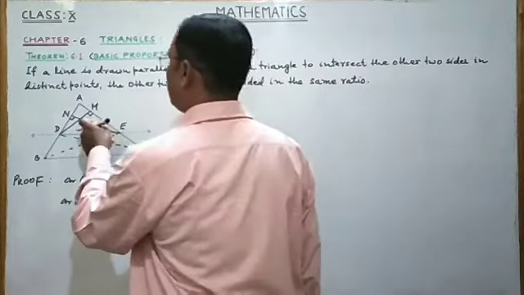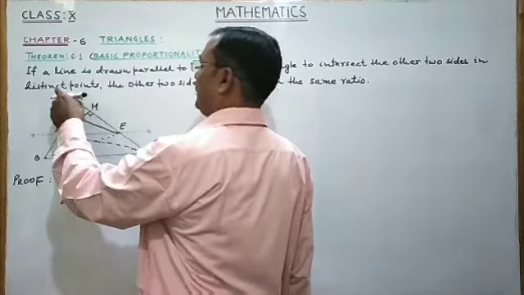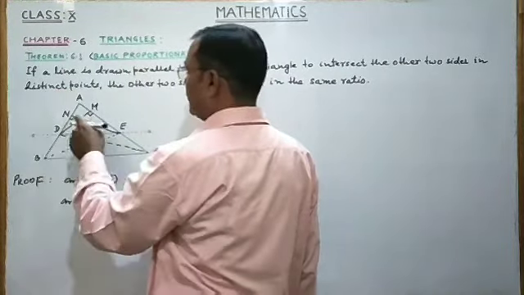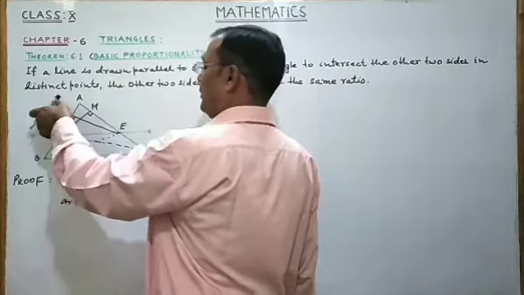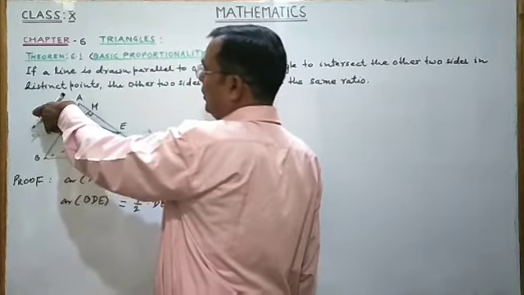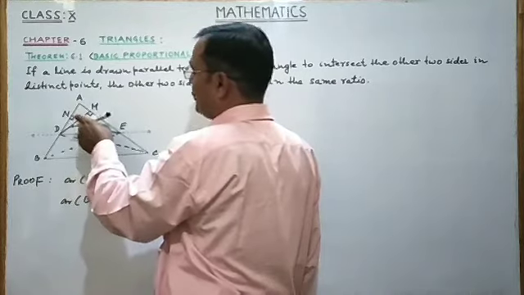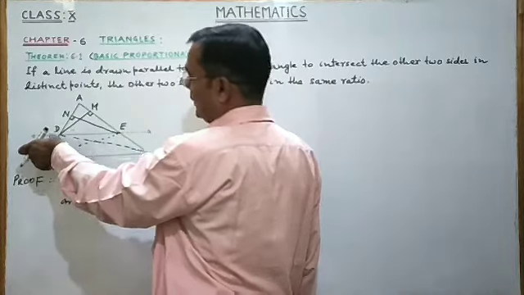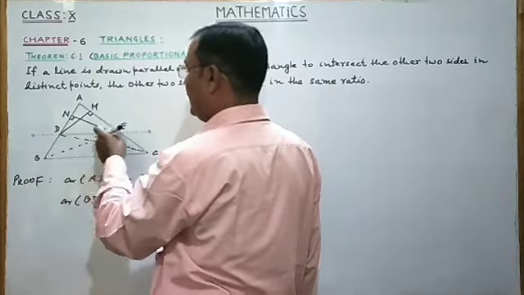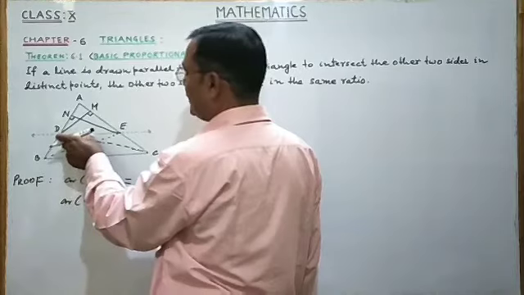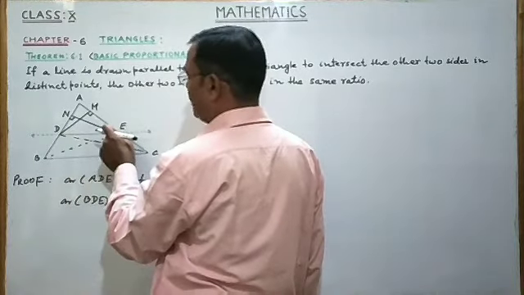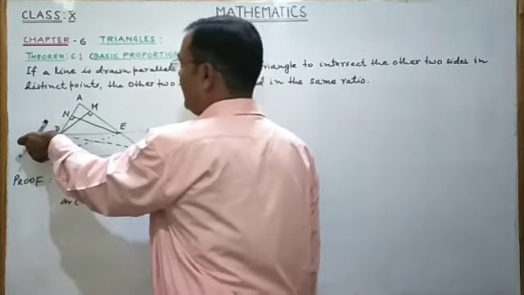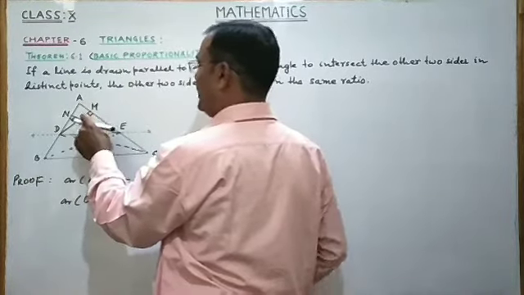This EN is drawn perpendicular from this point E to the side AB. So EN is altitude on AD and also EN is altitude on BD. This triangle BDE is an obtuse triangle, that's why its altitude drawn from this vertex E on the side DB is outside of the triangle.